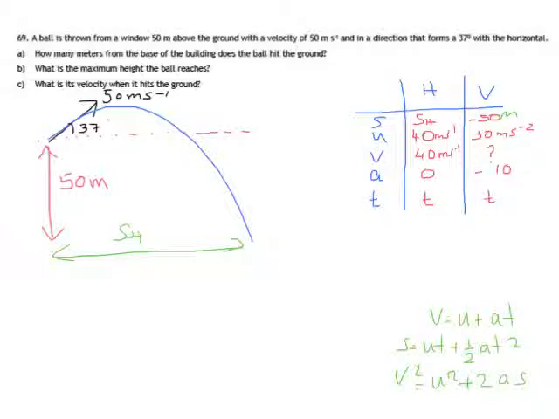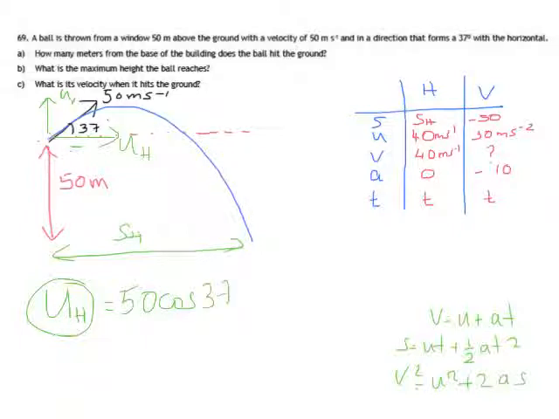Okay, our initial velocity, if you remember, we found by resolving this situation into its horizontal and vertical components. And we did that by using trigonometry. So the horizontal initial velocity is equal to 50 cosine 37 degrees, which is equal to 40.